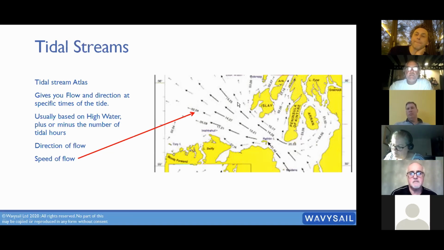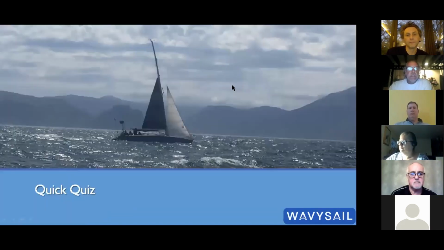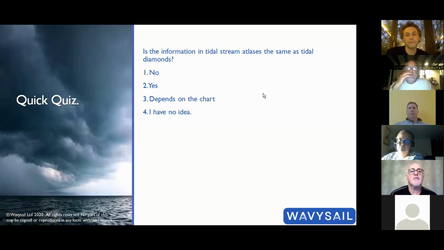So for instance, this stream atlas will have a page for 6 hours before, and then another page for 5 hours before, and then another page for 4 hours before, and so on until it gets to a page for high water, and then it'll go all the way up to the other side, 6 hours before, 6 hours after. Okay, so is the information in the tidal stream atlas the same as tidal diamonds?